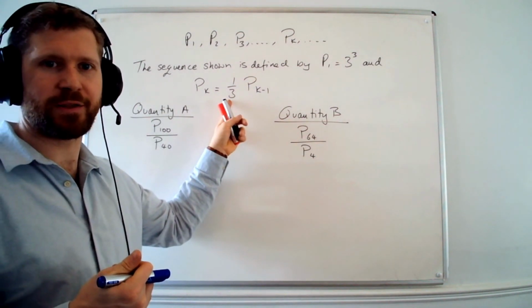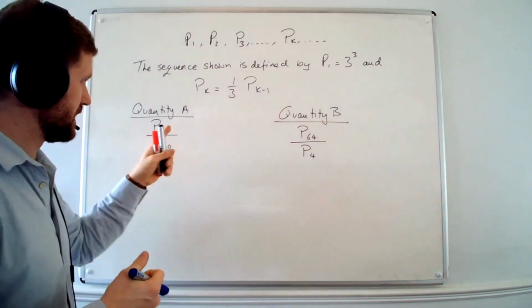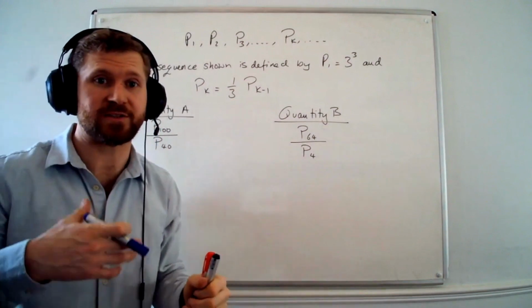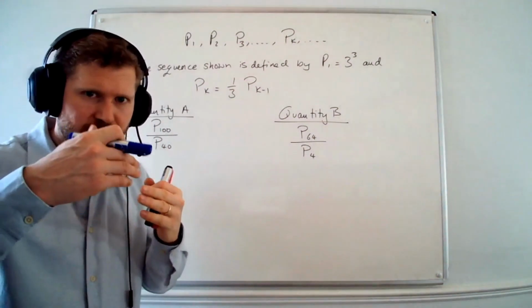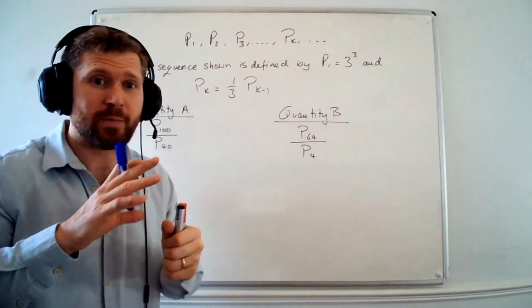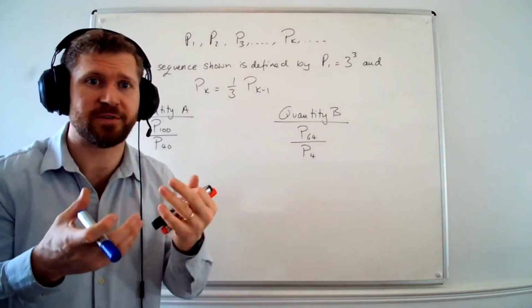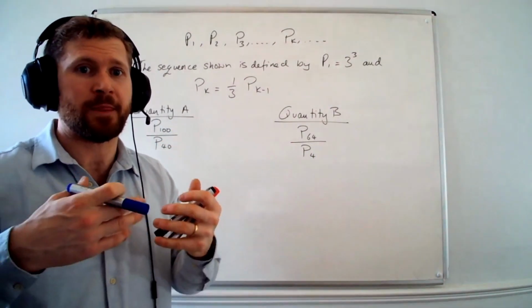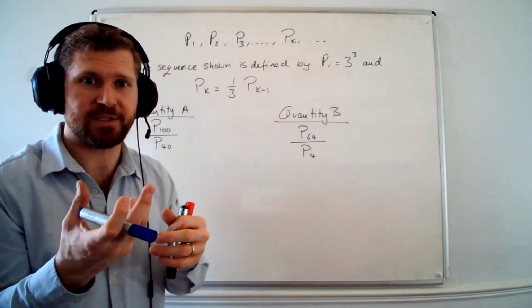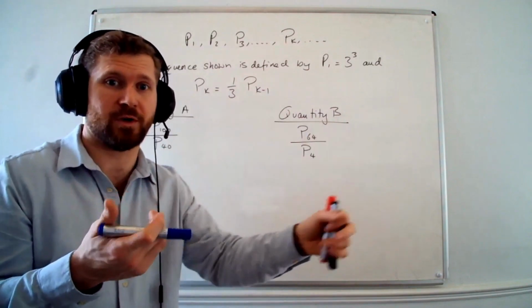Now, I need to get up to P100 or P64 here, so I don't really want to be going and just doing, right, P1 is this, P2 is this, P3 is this. But I'm going to do that at the beginning to hopefully figure out a general term so that I can jump to P64. I want the 64th term. What is it?